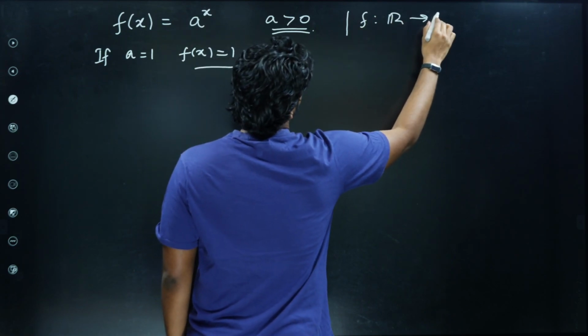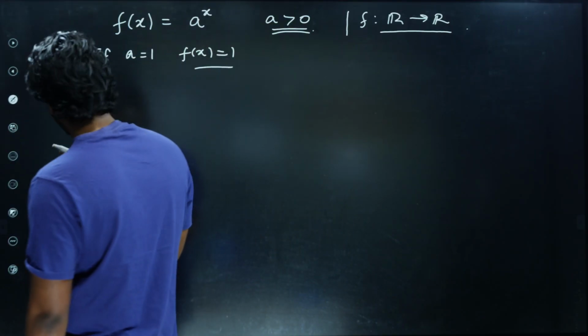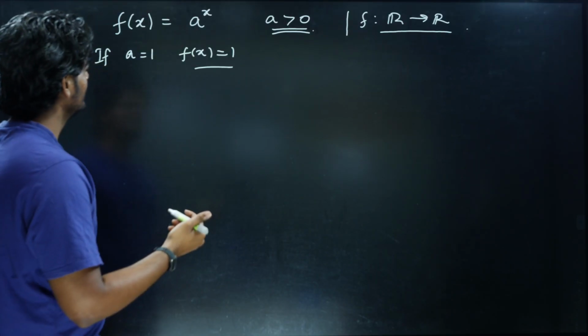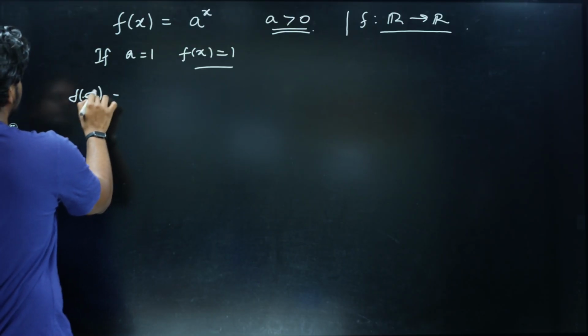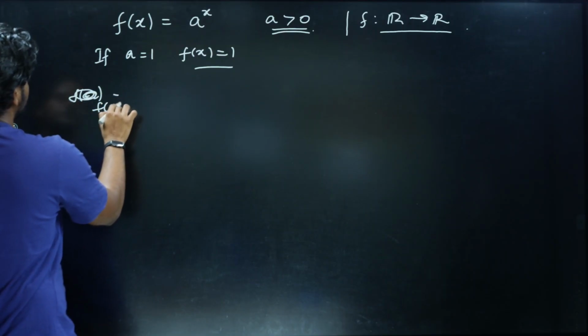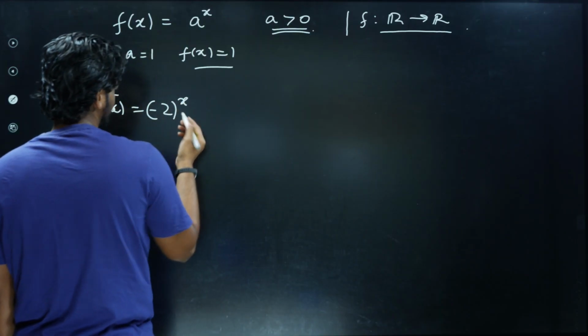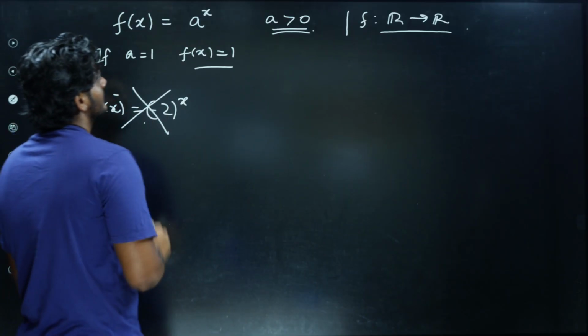I want to take f from real to real, and so to be able to define for all values, we cannot take negative, because if I take, let's say, f of x to be minus 2 power x, then for fraction values of x we are not able to define, so we won't take that.